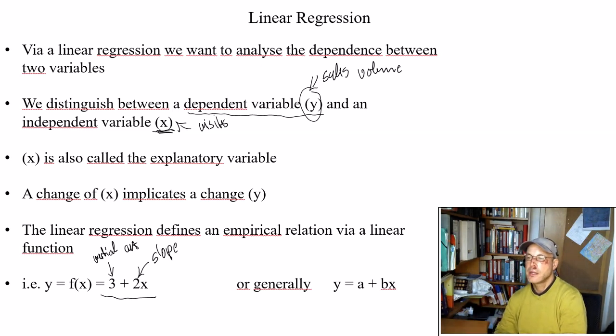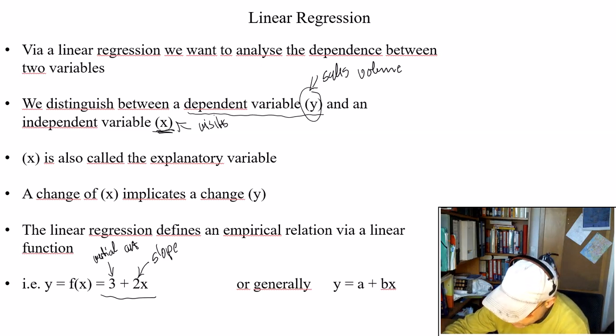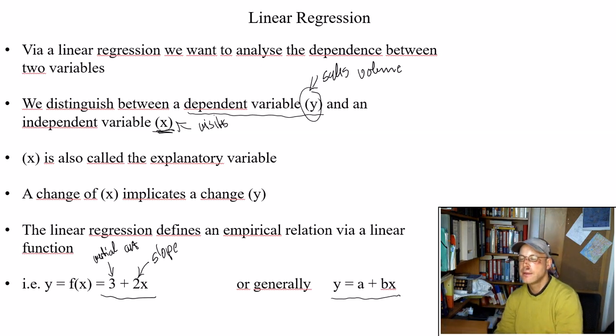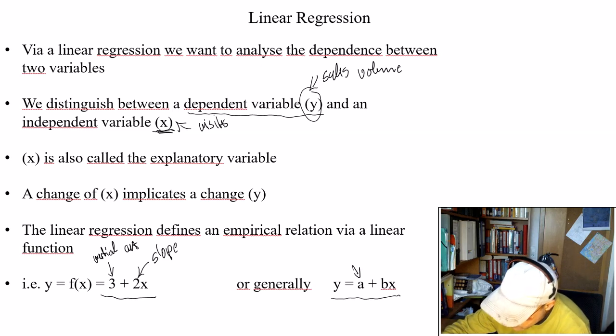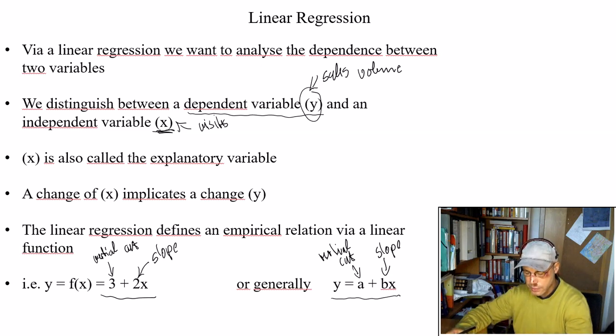Or in general, we of course do not know directly these two parameters, and then we would have the general linear line y equals a plus bx. So this again is our vertical cut, and here we have our slope.